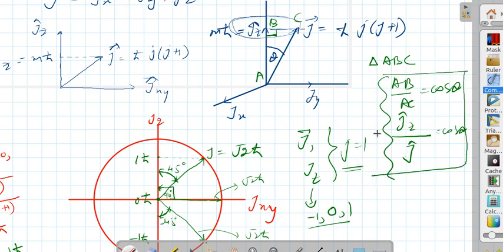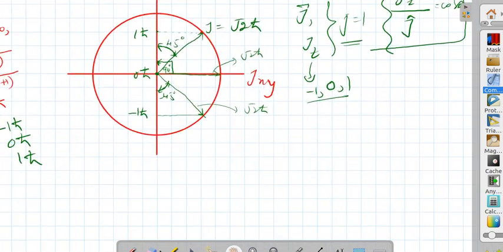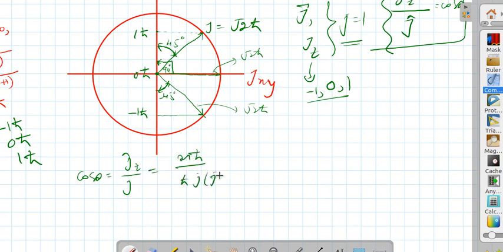So let me try to find this angle. Cos theta comes out to be jz over j, which is m h cross over h cross root of j into j plus 1.